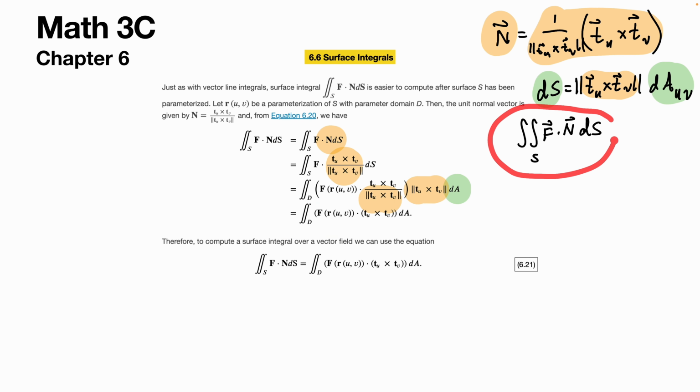So anytime you go and evaluate a flux integral, you get a simplified form.